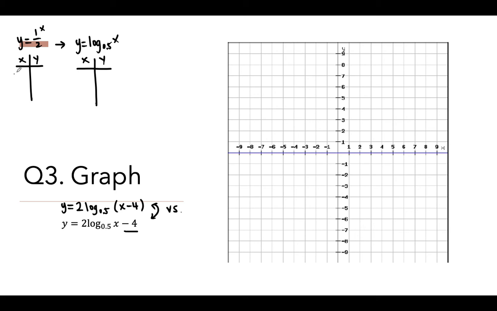So let's do 0.5, 1, multiples of 2, 2 and 4. So let's plug it in. Negative 2, negative 1, 0, 1.